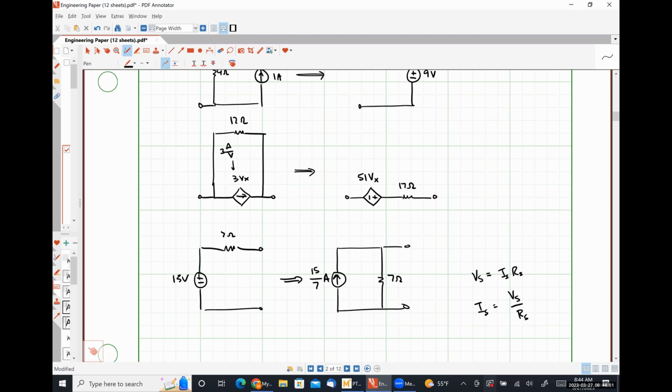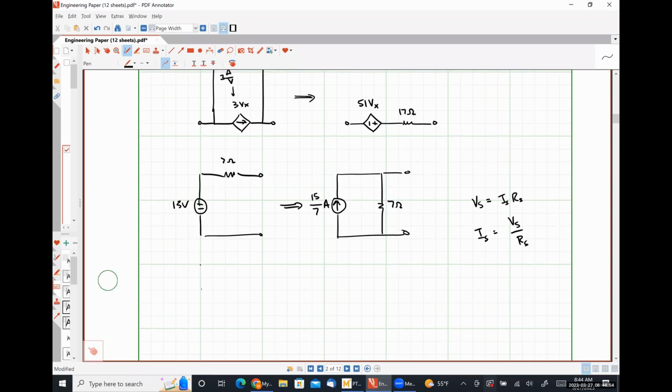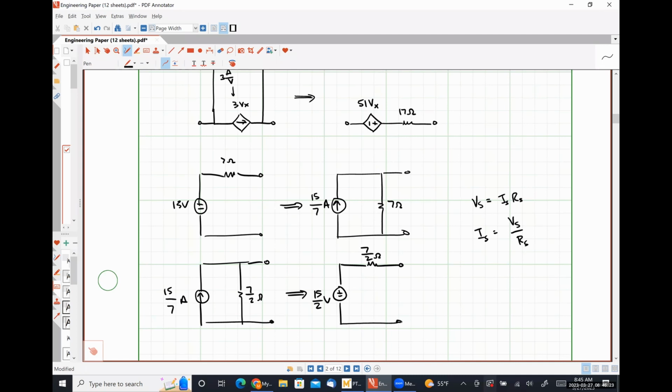So I had a 15 over 7 amp source in parallel with 7/2, which looks like 15/2 volts in series with 7/2. And then since that 7/2 is now in series with the 26, I can add them together. And since that 15/2 volts is in series with the 9-volt source, I can combine those as well.